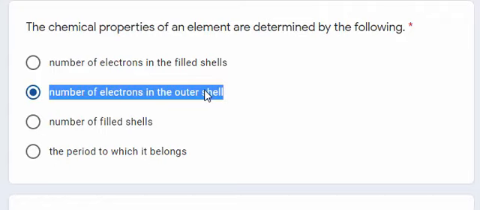They have similar chemical properties. All elements in group 2 have 2 electrons in the outer shell, so they have the same chemical properties. All elements in group 13 have 3 electrons in the valence band. They have the same chemical properties, and so on.